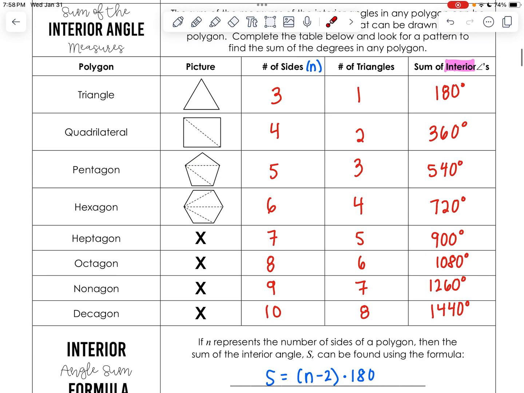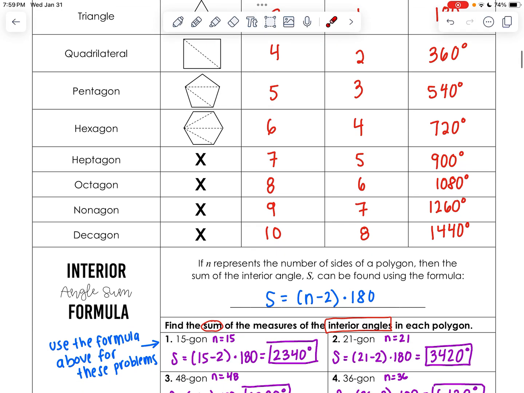And look, if we call the number of sides n, if we subtract 2 from here, we get the number of triangles. Subtract 2, subtract 2, subtract 2. And we're timesing it by 180 because actually to get from here to here, we add 180, add 180, add 180, add 180. If we keep going, we're going to add 180. So that's actually where this comes from, which is why I showed you this first, okay?